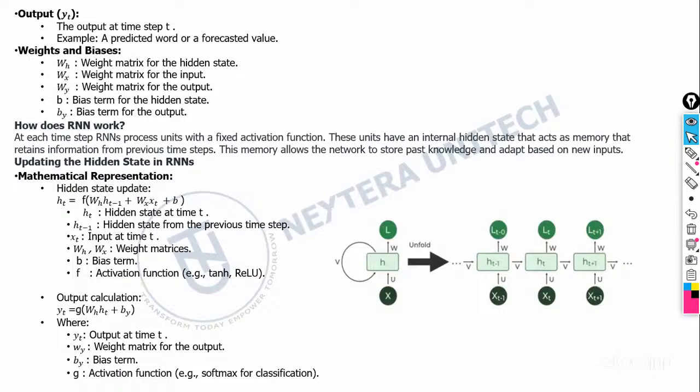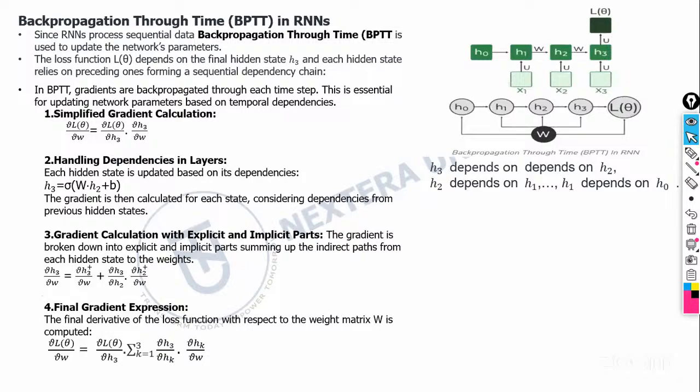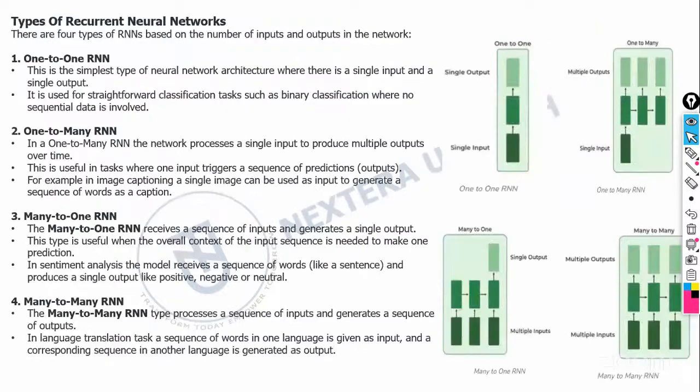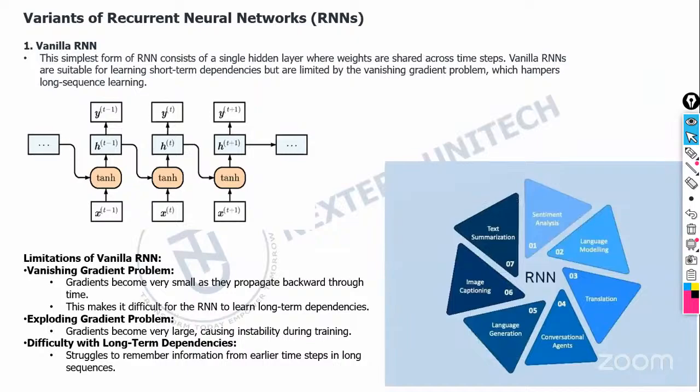Then we'll discuss the mathematical representations, as many new parameters come into the picture. We'll understand what the word recurrent means, then backpropagation, then the types of RNN, which is very important: one to one, one to many, many to one, and many to many. Then the variants of RNN.